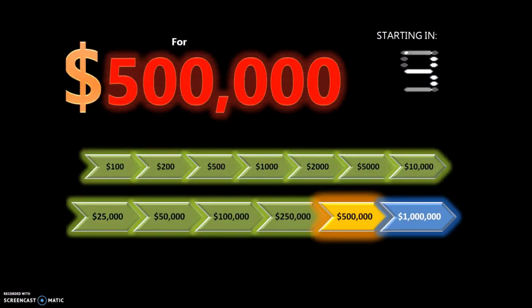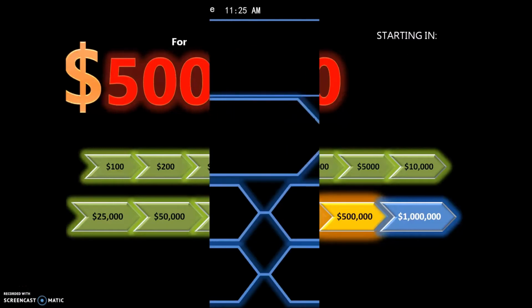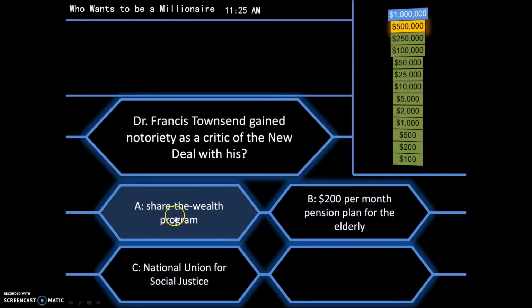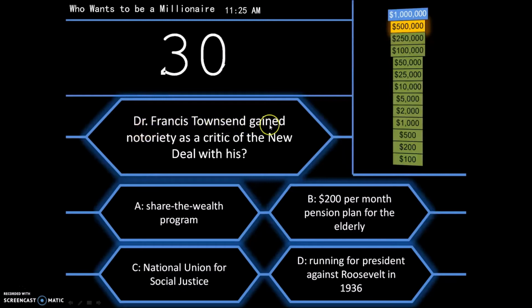Alright, last two. Let's find out if this is easy. Dr. Francis Townsend gained notoriety as a critic of the New Deal with his A. Share the Wealth program, B. $200 per month pension plan for the elderly, C. National Union for Social Justice, D. Running for president against Roosevelt in 1936.